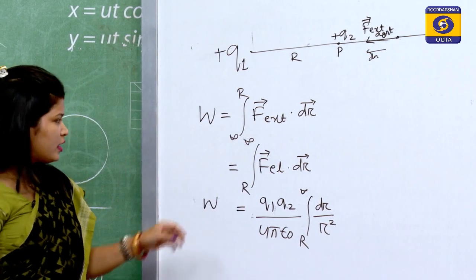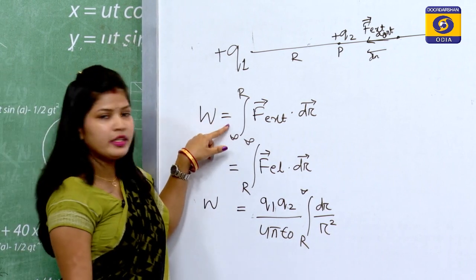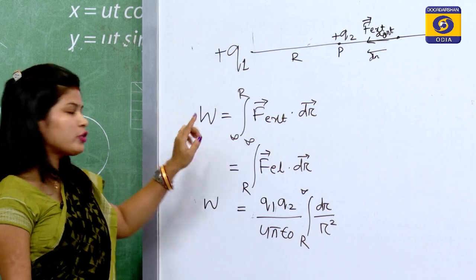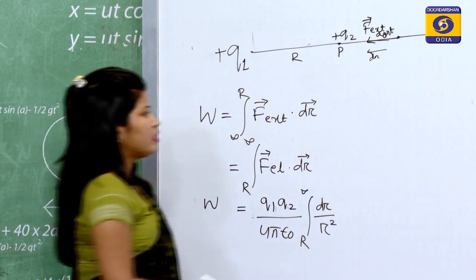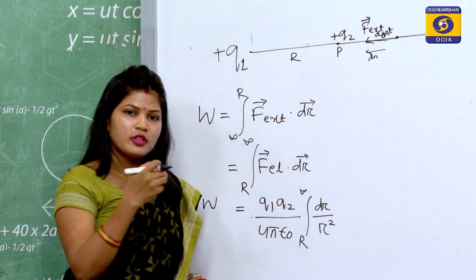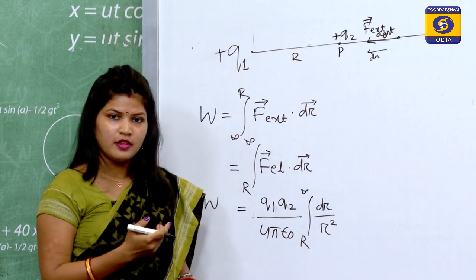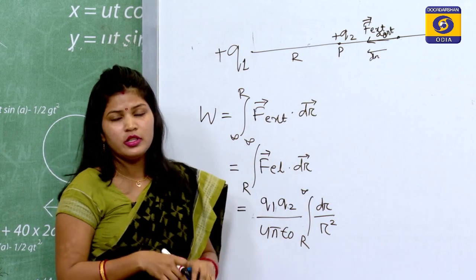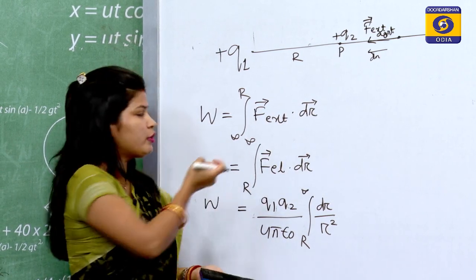Students, here what is the need of integration? Why are we not using the direct formula of work, that is force into displacement? Because when you are pushing, the force is increasing. So, both force and displacement are variable, then which force will you take to calculate the work done?